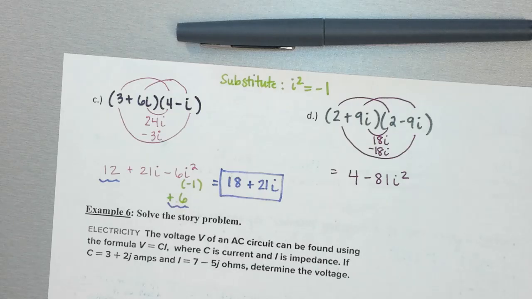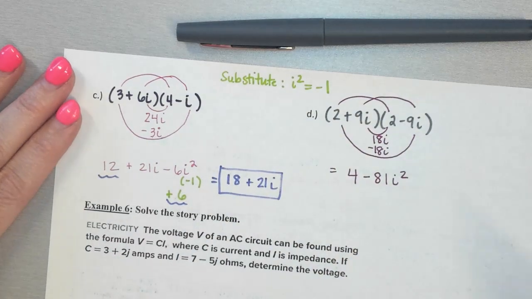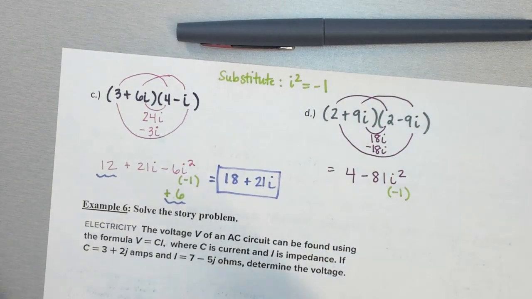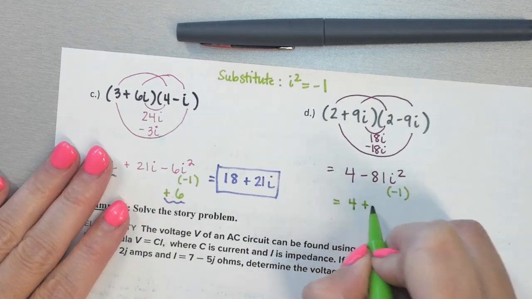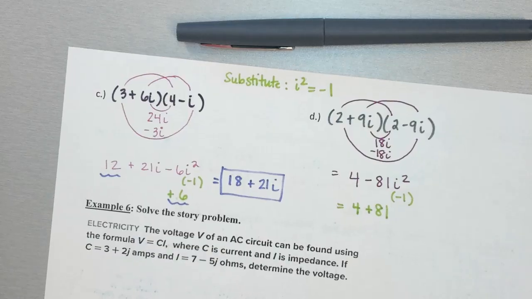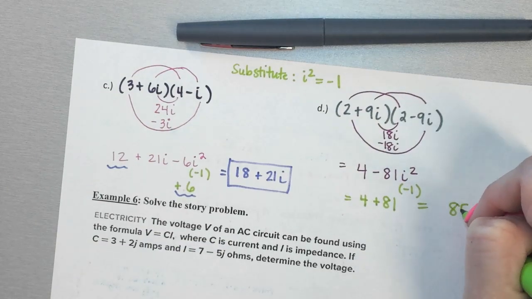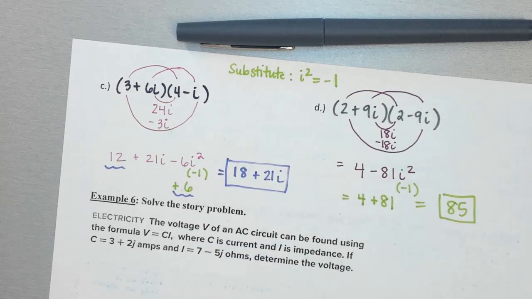Okay, if you have the plus 18i minus 18i written out, that's great. Okay, so now we know that that's going to make 0. For i squared, we're going to plug in negative 1. So if you have a negative times a negative, it becomes positive. And then 4 plus 81 is 85. Okay, so in this case, the middle terms cancel. That happens sometimes. Okay, and then you get 85.